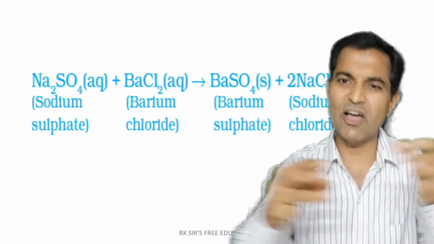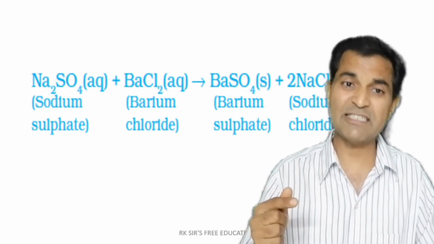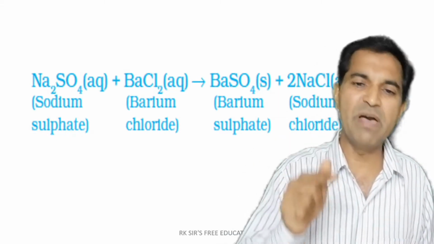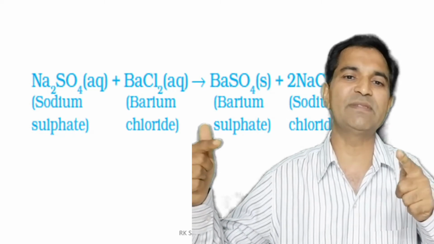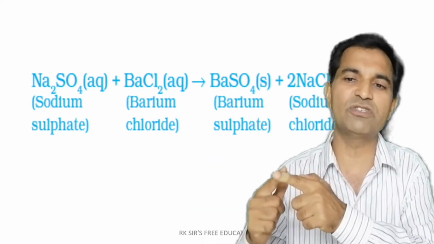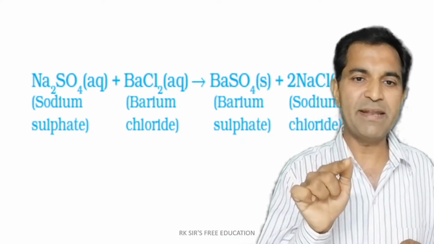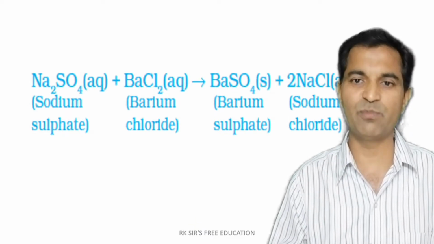It means ions have been exchanged. Sodium has been displaced from the sulfate and barium has been displaced from the chlorine. So sodium reacted with the chlorine and produced the salt sodium chloride, and barium reacted with sulfate and barium sulfate has been produced.